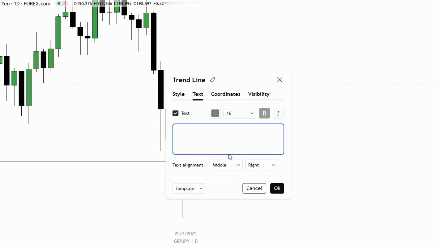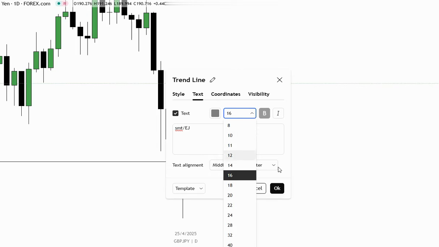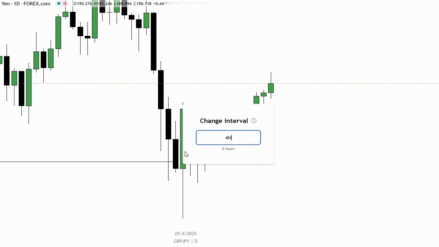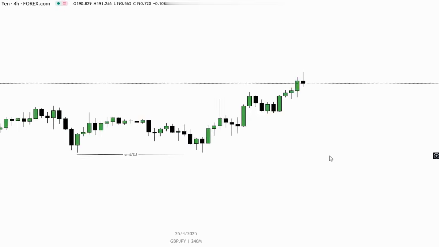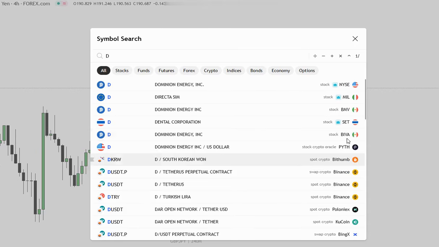So we have an SMT here with EJ. After knowing that, now you can move lower to 4 hour or to 1 hour.